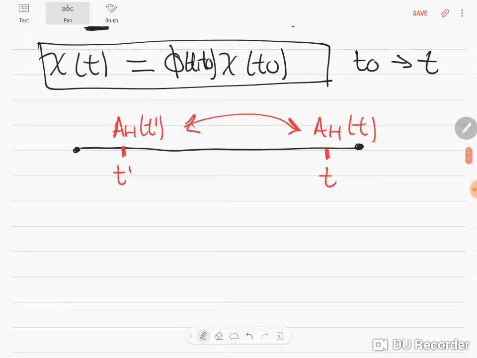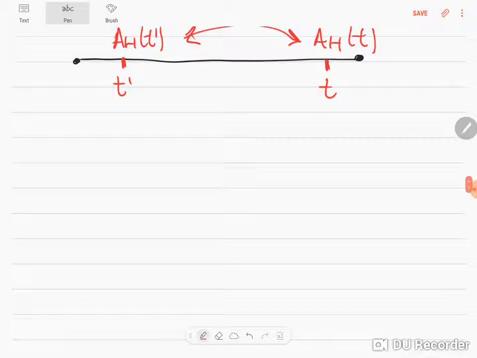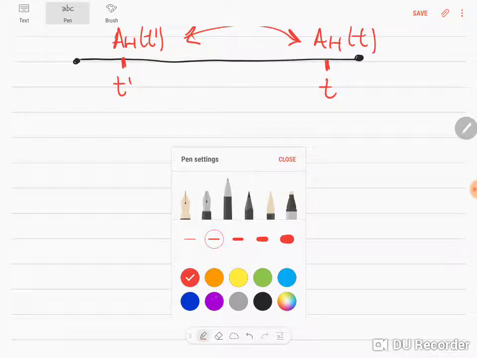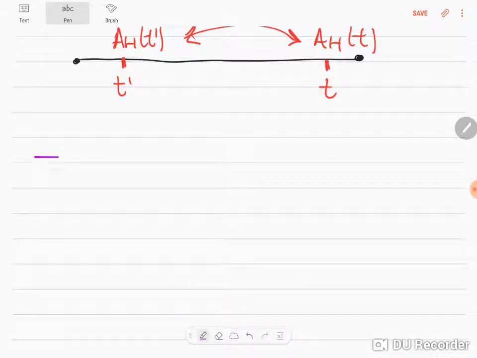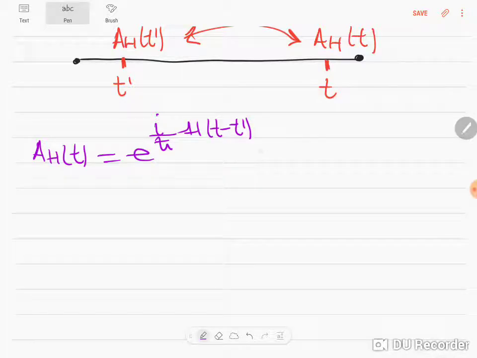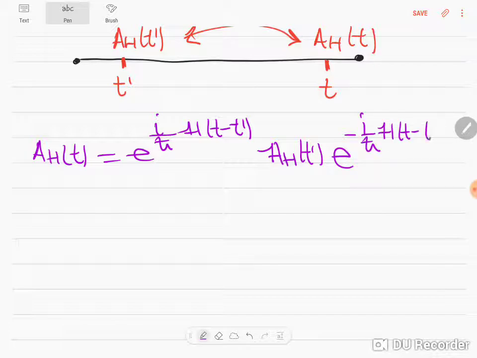Now, what quantum mechanics tells us, in a similar way as with the Heisenberg equation of motion, is that A_H of t is equal to e to the i over h bar H (t minus t prime) A_H of t prime e to the minus i over h bar H (t minus t prime).